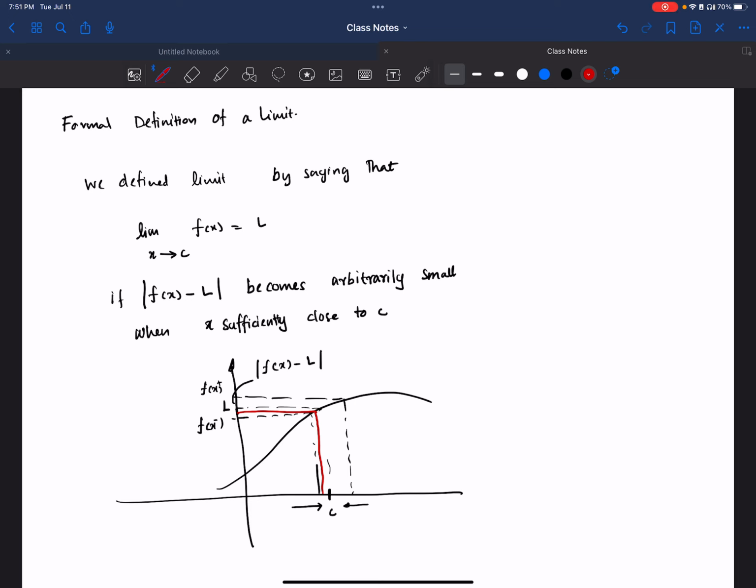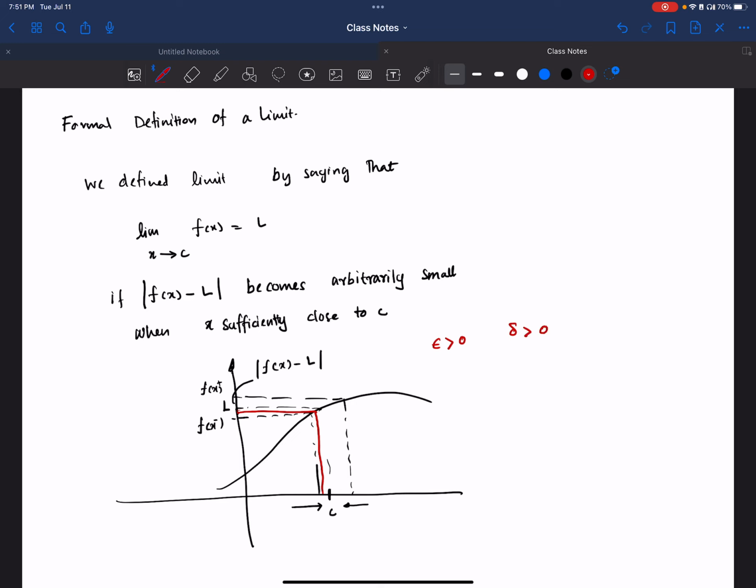To represent this in a more general way, they said that if we can find a positive value epsilon, and then corresponding to that epsilon, there is a delta which is positive.